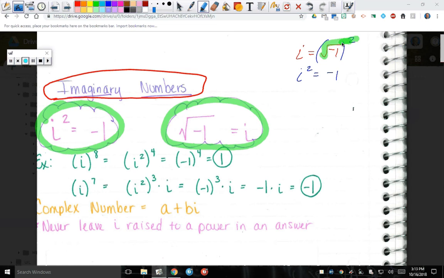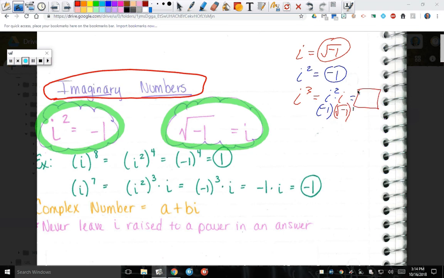All right, now let's look at your Algebra 2 skills in regards to developing what i cubed and i to the 4th equal. If I wanted to ask what i cubed was, all it represents is a product between i and i squared. Because what do I do when I multiply things with the same base? What do I do with their powers? I add. So this gives me i cubed. And i squared, we know, is a negative 1. We know that i is the square root of negative 1.